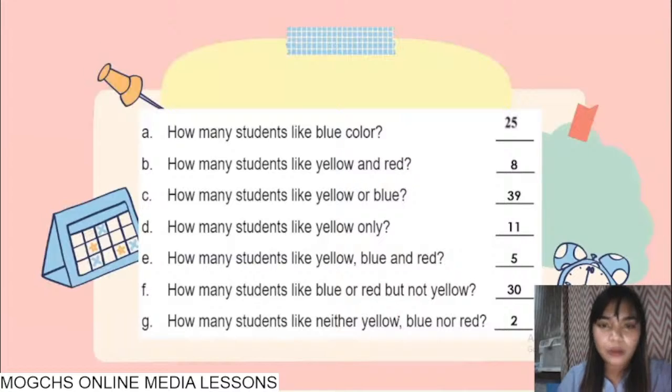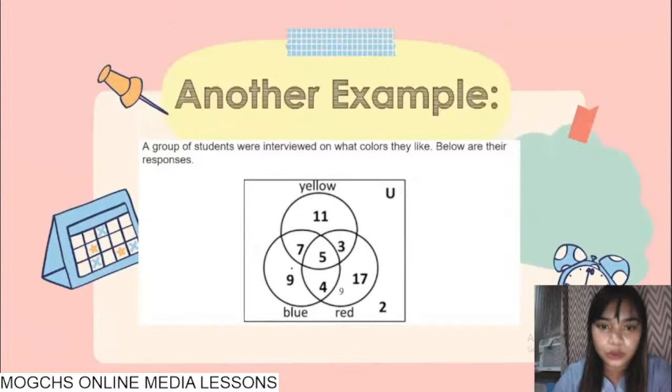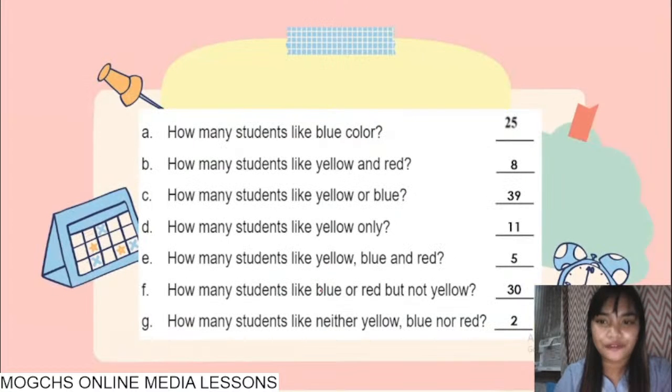Letter A, how many students like blue color? The numbers that belong to the set blue, you just simply count. So 9 plus 7 is 16, plus 5 is 21, plus 4 is 25. So there are 25 students who like blue color.